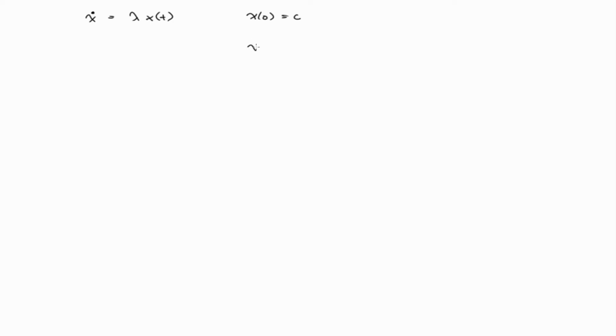The solution to that is x of t equals c e to the lambda t, right? The solution to all linear differential equations is e to the lambda t, essentially. If I ask you to ever solve a differential equation, right?